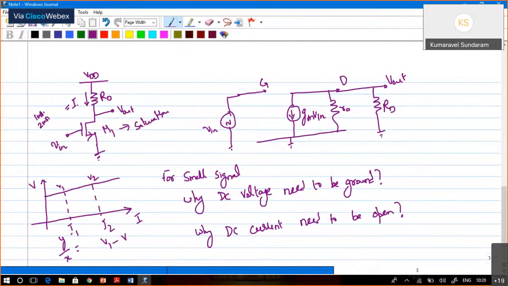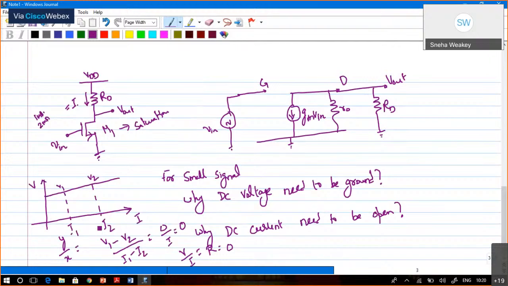So V1 minus V2 by I1 minus I2. V is 0, so 0 by some current is going to be 0 only. V by I is nothing but resistance. So the resistance is 0.